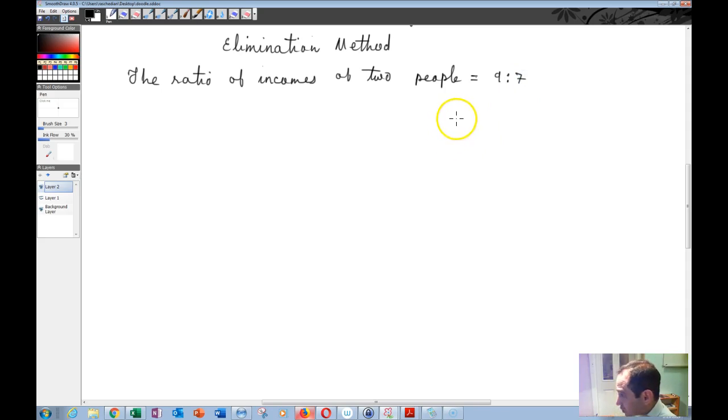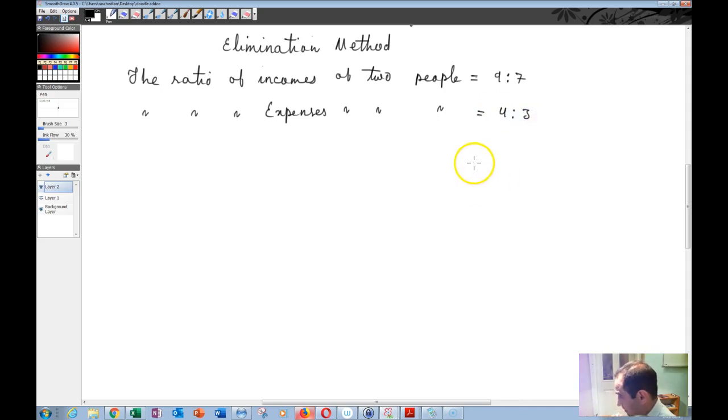And the ratio of their expenses, the ratio of expenses of the same two people, is 4 to 3.